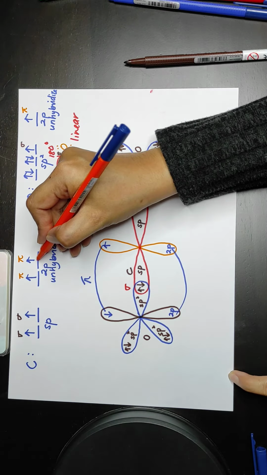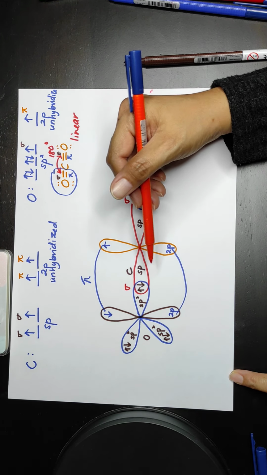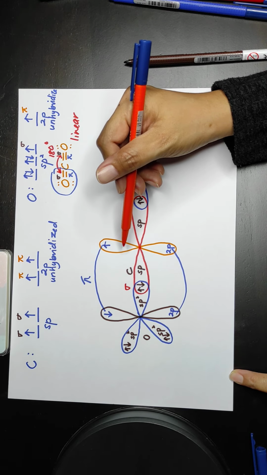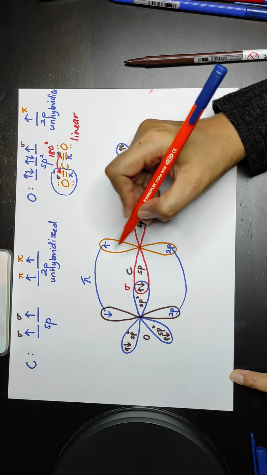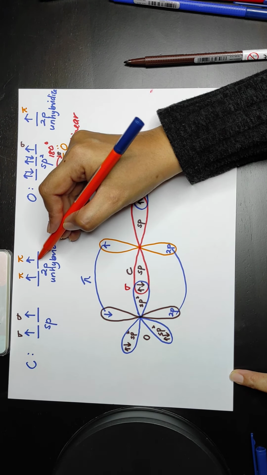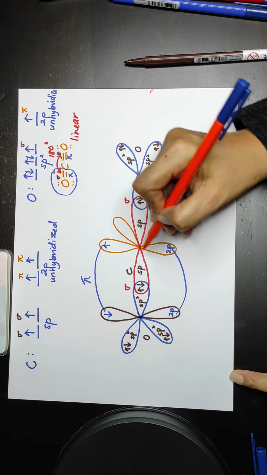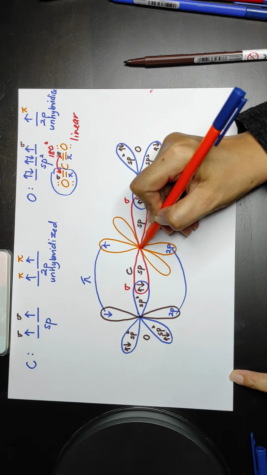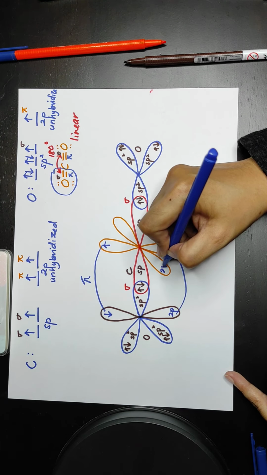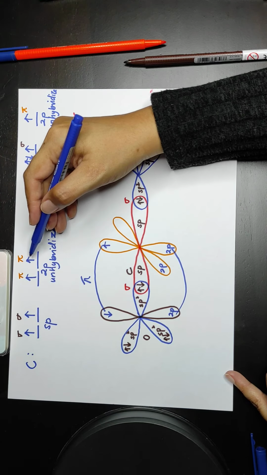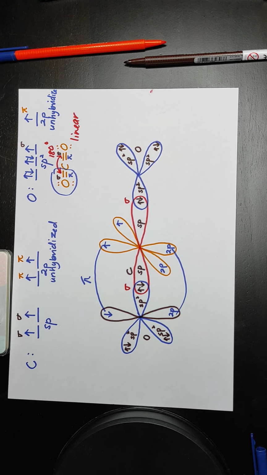Alright, okay, so let's say this is the 2py, 2pz of carbon, and actually 2px, 2py, 2pz are perpendicular to each other. So we have to draw another 2p orbital of carbon like this. Alright, and label it as 2p, and it contains one unpaired electron.